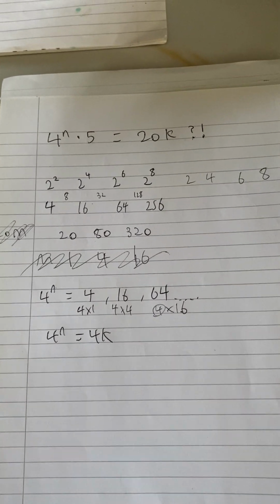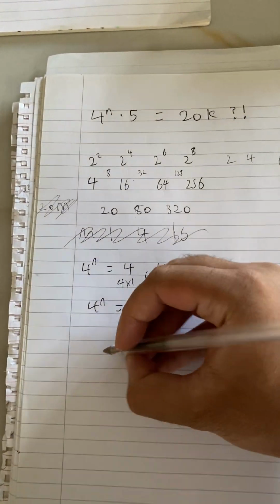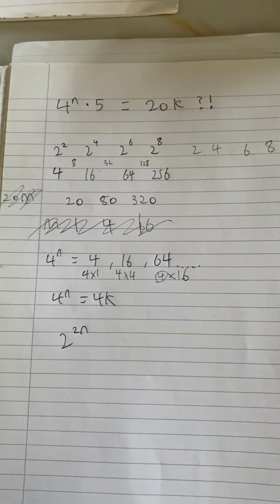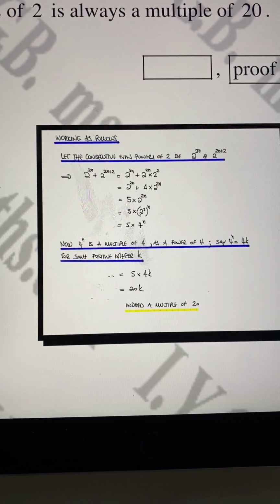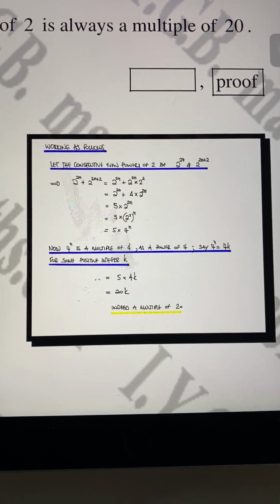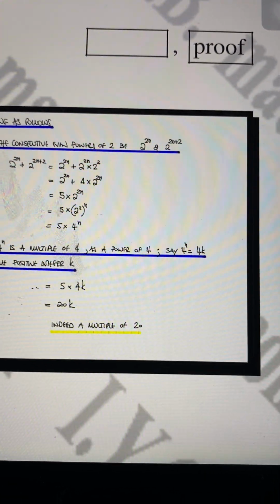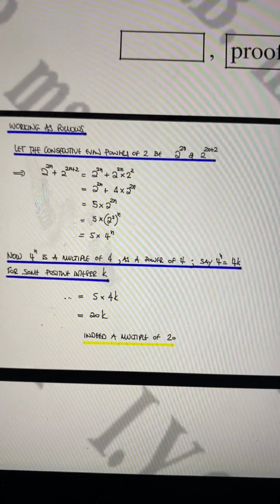The second bit that confused the living daylights out of me was the 2 to the power 2n. This is their solution. And what they're basically saying, because it's a sum of that number plus that number.